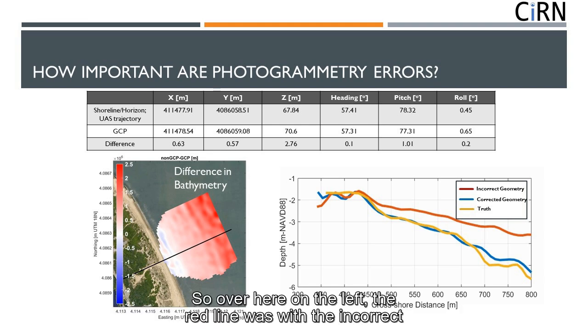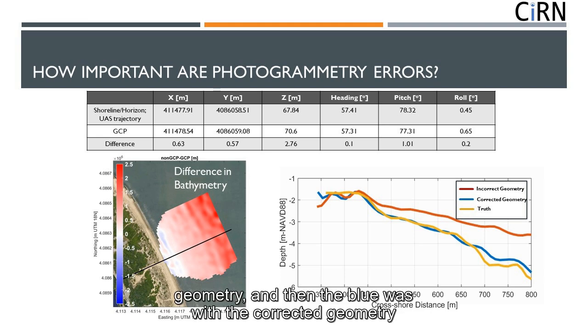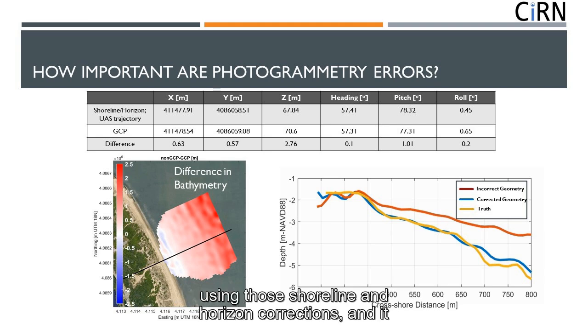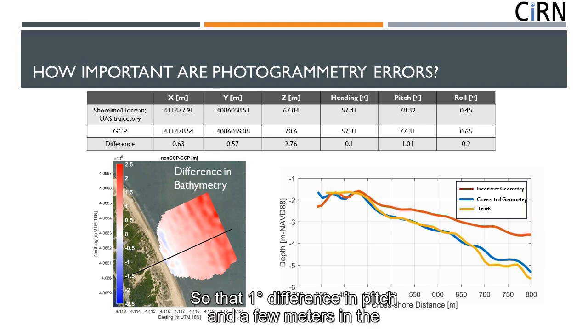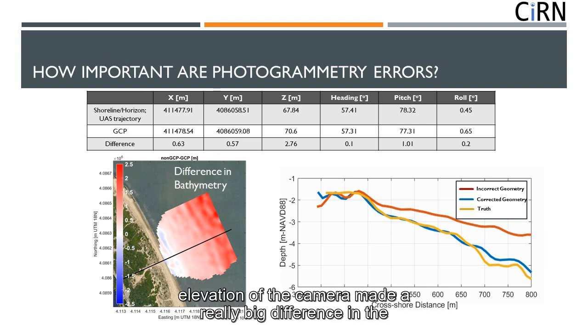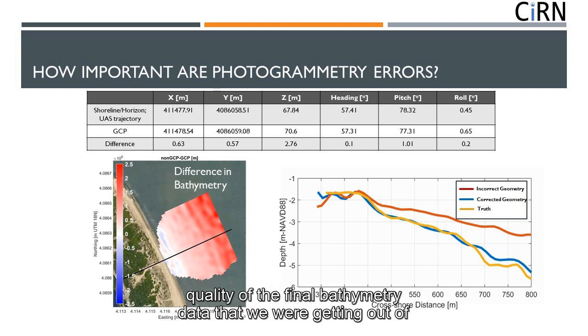Over here on the left, the red line was with the incorrect geometry, and then the blue was with the corrected geometry using those shoreline and horizon corrections, and it matched the truth, which is in yellow, much better. So that 1 degree difference in pitch and a few meters in the elevation of the camera made a really big difference in the quality of the final bathymetry data that we were getting out of CBATHY.